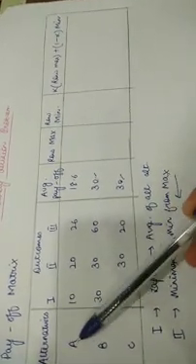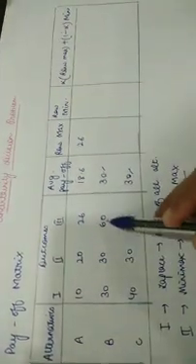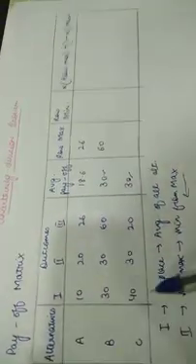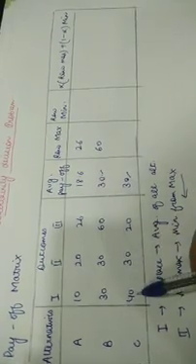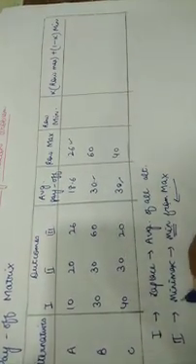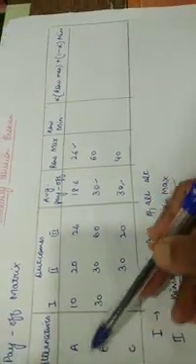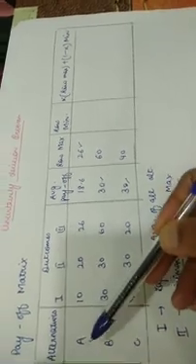Row maximum for alternative A: 10, 20, 26. 26 is the maximum value. For B: 30, 30, 60. 60 is the maximum value. Then 40, 30, 20. 40 is the maximum value. Minimum from maximum, we'll choose the minimum value. Minimum value is 26. So according to the Minimax method, the organization should choose alternative A, or we can say should take the decision of alternative A.